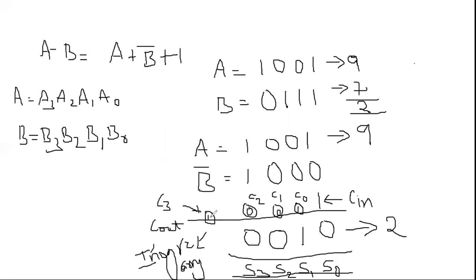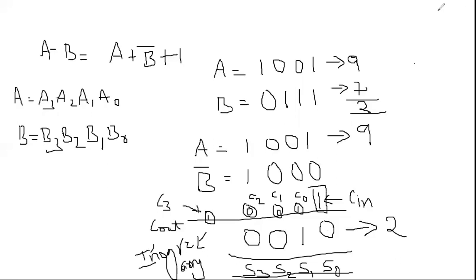The C3 we got as 1 by taking A as 9 and B as 7. That 7 is converted to B bar as 1000, and 1 is added here as a carry.